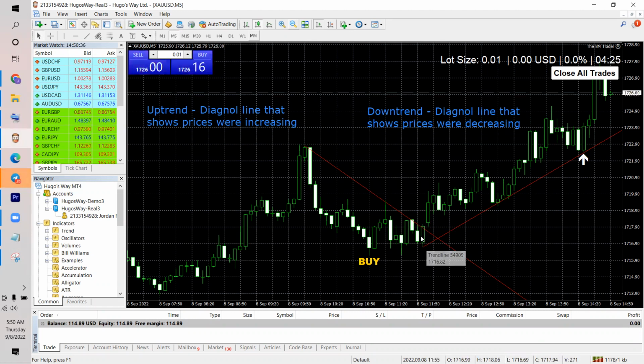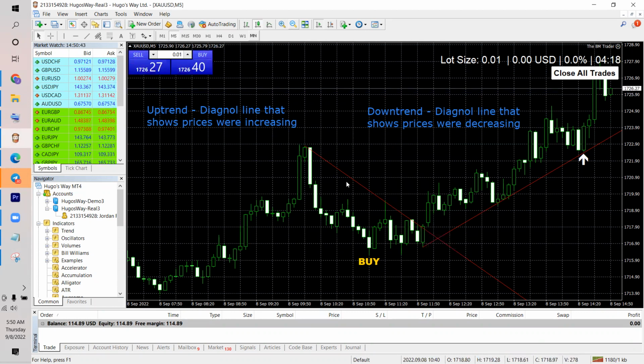Instead of a downtrend, because this line was broken, we now ignore this downtrend and now we respect the uptrend that was being created, thus leading to our price right here.